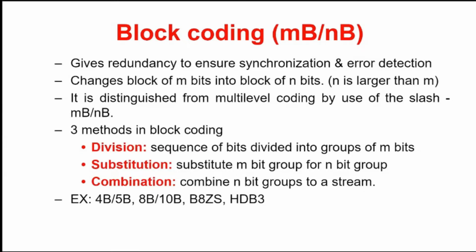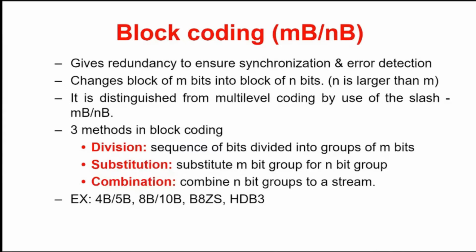And the substitution method means we substitute the M bit group with an N bit group. So I am going to map the M bits to the N bits. That is the second method. And the third method is combination.